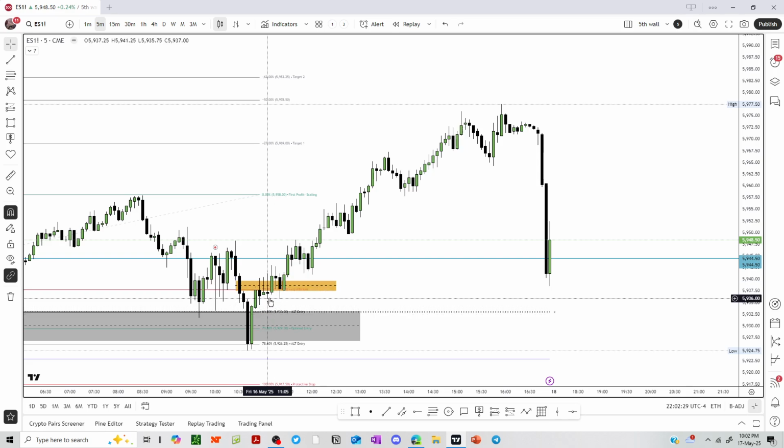I mean, you could have actually got in here too, but it's a whole different PD array and a whole different concept there. Anyway, another reason to go long here is your order block.